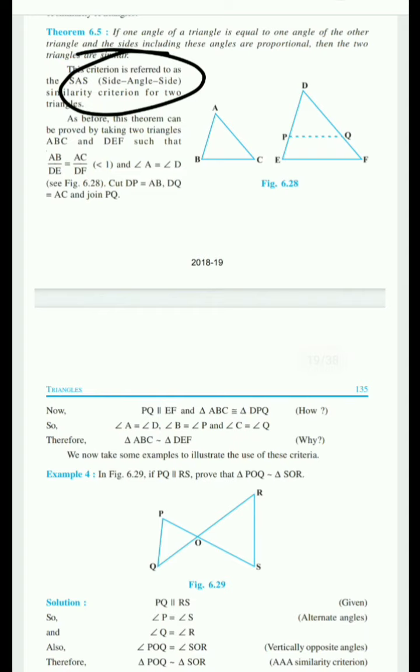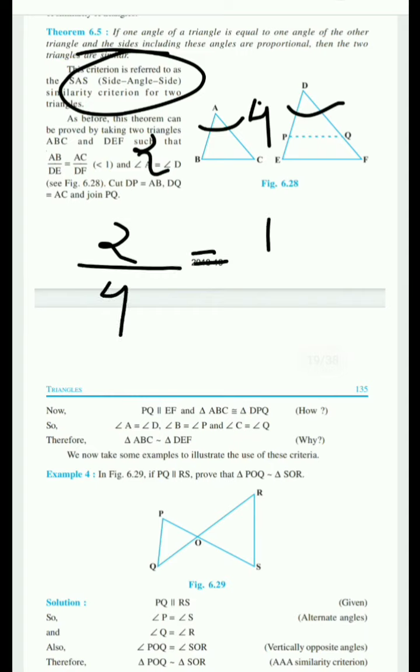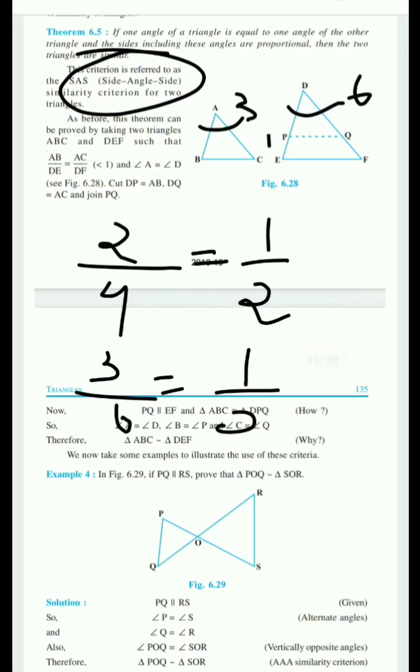If we take here angle A equal to angle D, that is given to us, and this side AB is 2, and DE is 4. If we take the ratio, the answer will be 1/2. As well as AC is 3 and this one is 6. If we take the ratio 3/6, the answer is again 1/2.